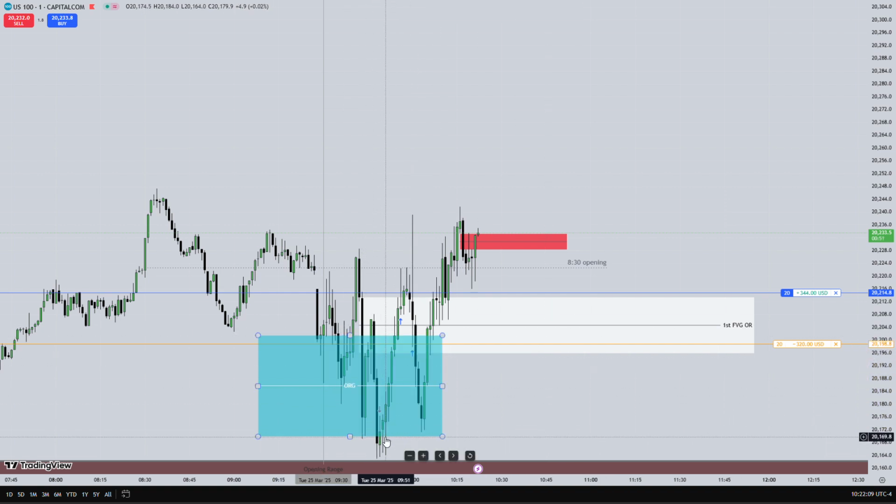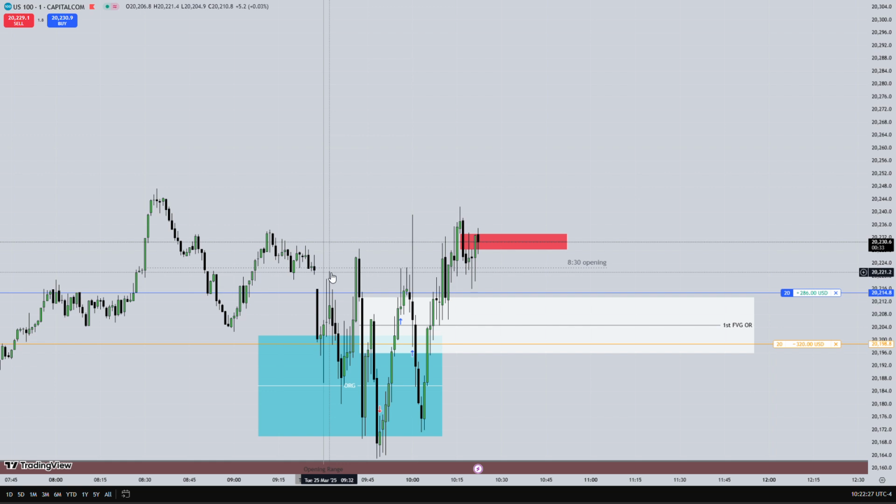It closed below it. Well, first I thought it would just trade to the consequent encroachment and then start trading higher. But this is not a clean displacement, as you guys can see. Because what is a displacement? We want to see a trade above the swing high, a close above a swing high or a short-term high, and we want to see a valid fair value gap.